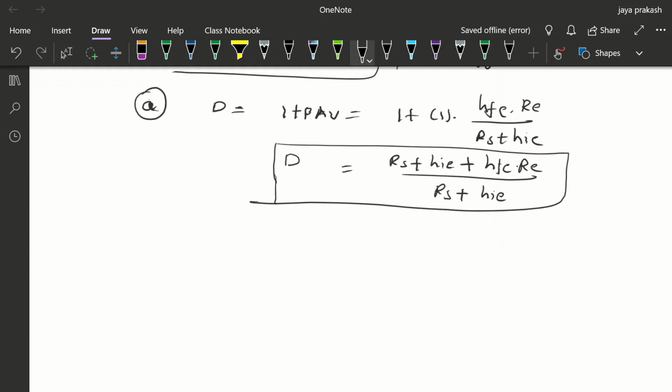Okay, so now we got the desensitivity factor D. Now we have to find out the gain with feedback.